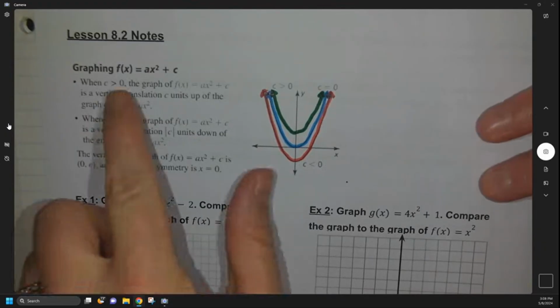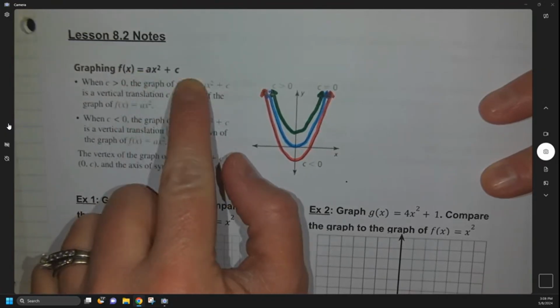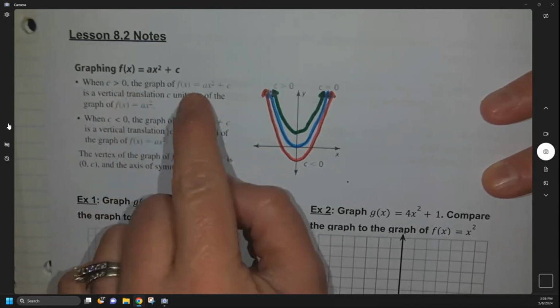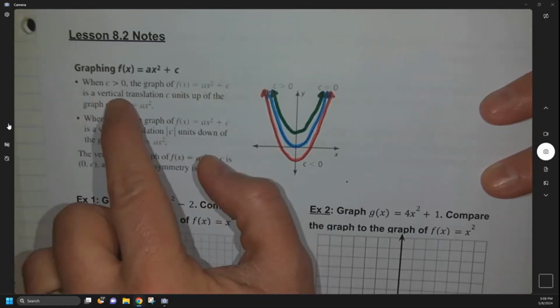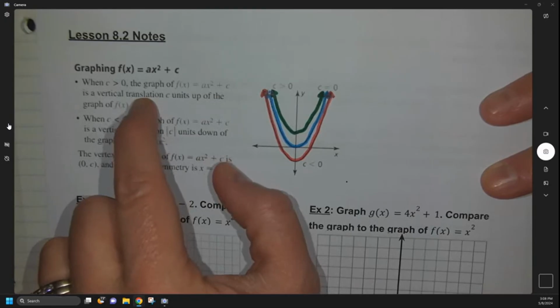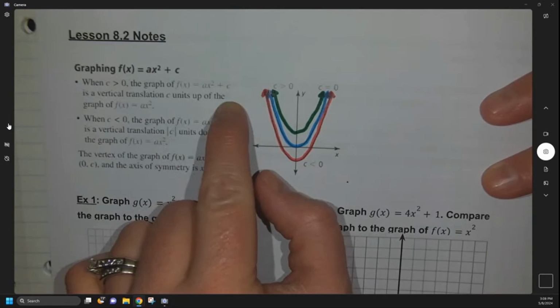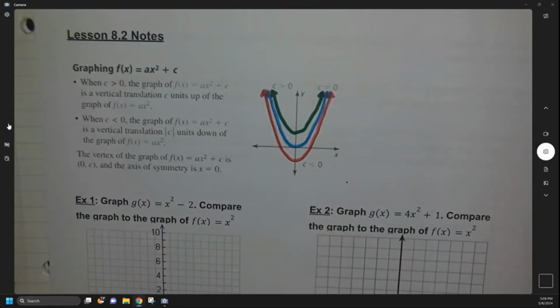What this is telling you, when we have an equation in this format here, so ax squared plus c, if c is greater than 0, then our graph of f of x equals ax squared plus c is a vertical translation. Remember, a translation means a slide. So it's a translation of c units up from the original graph. So in this drawing, blue is our original graph.